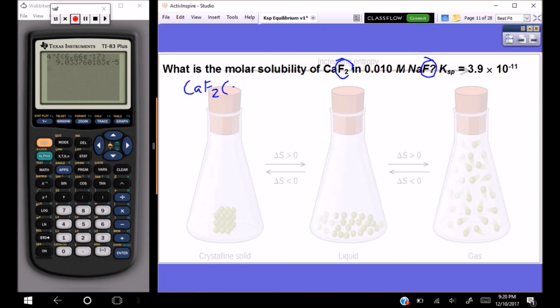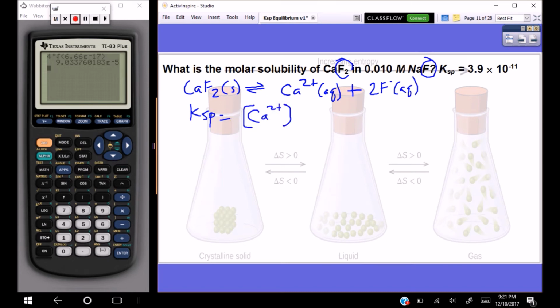So we know that we have calcium fluoride, and we get Ca2+, which is aqueous, and 2F minus, also aqueous. Okay? So set it up just like any other problem. We know KSP is going to be equal to calcium and our fluoride squared. And we know that this KSP is 3.9 times 10 to the negative 11th.